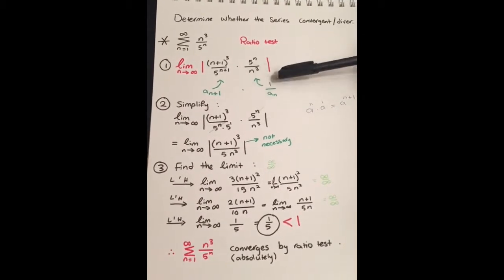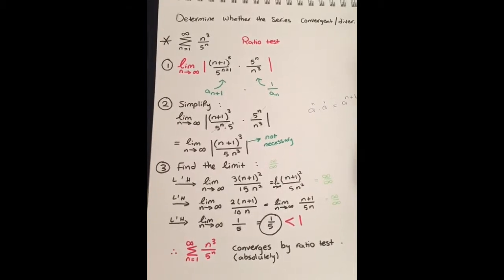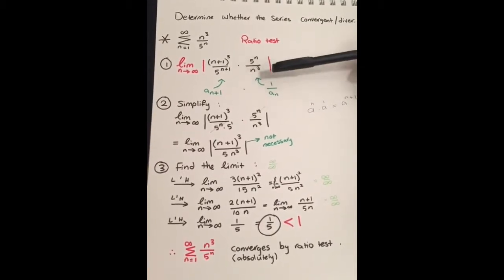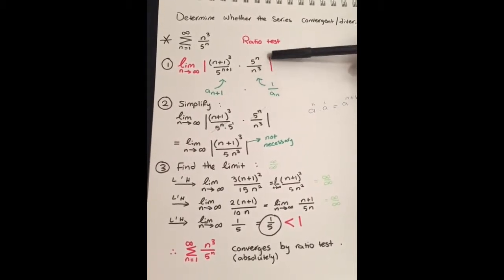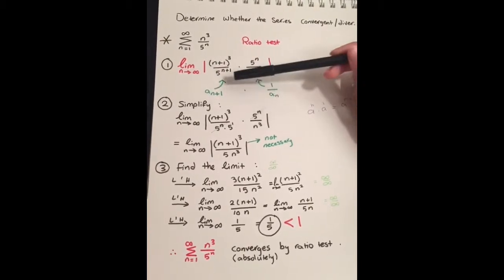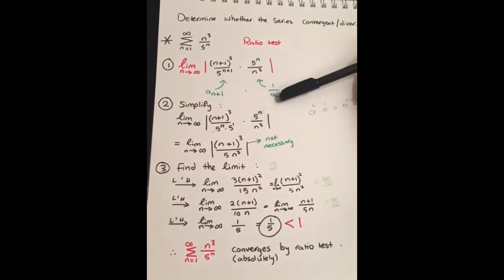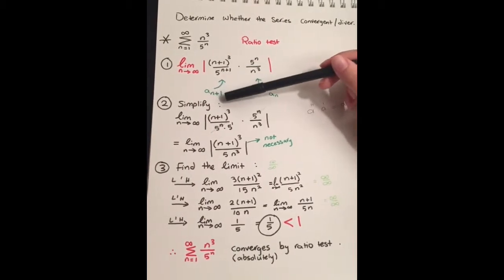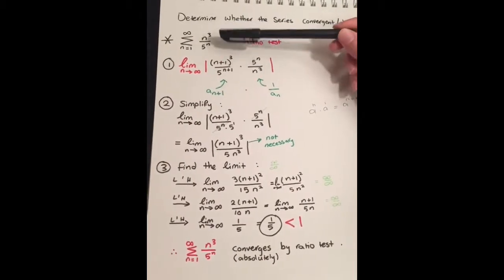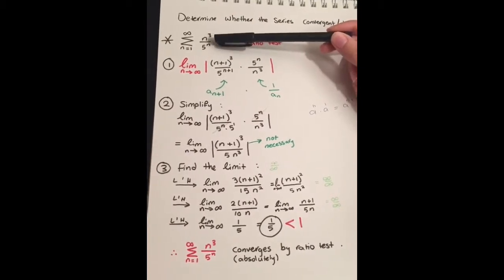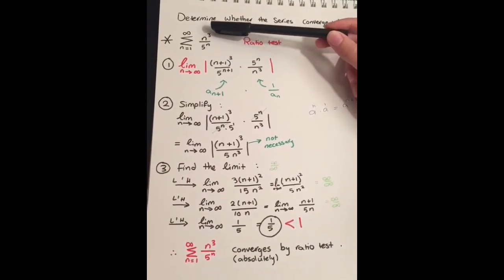Now we only have 3 simple steps to go through. The first one is to find the limit when n goes to infinity of the absolute value of a_(n+1) times 1 over a_n. Now a_(n+1) means that we need to add 1 to each n we have in our function.